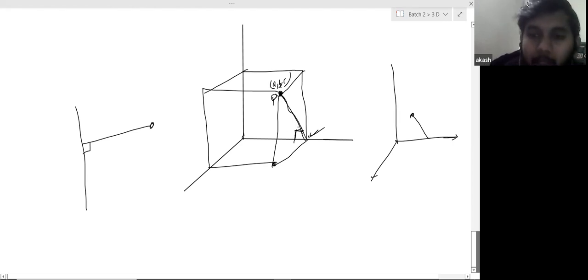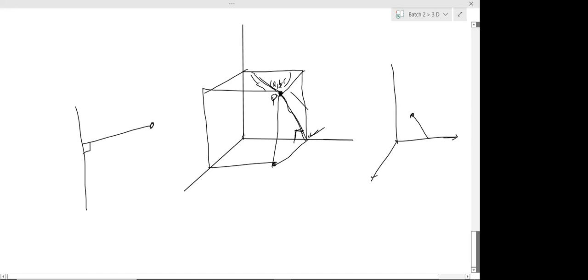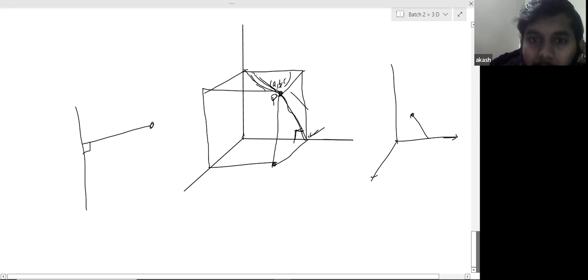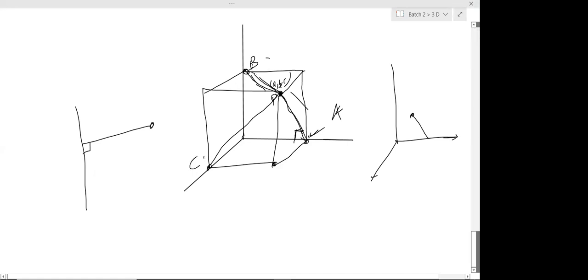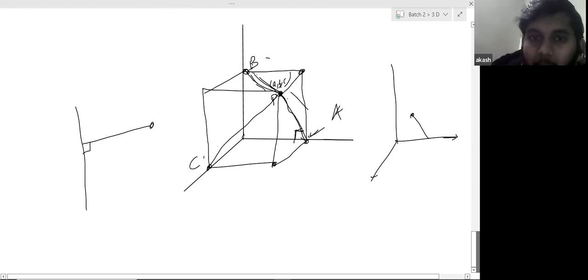So you have to look closely. All right, be careful in this type of question. In the y-axis, this is the perpendicular. In the z-axis, this is the perpendicular. So these are the coordinates in the second part, which are a, b and c. In the xy plane, this is the coordinates.